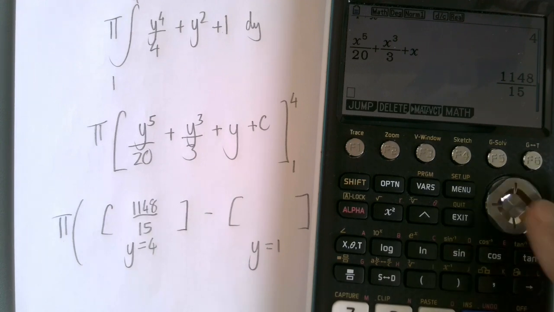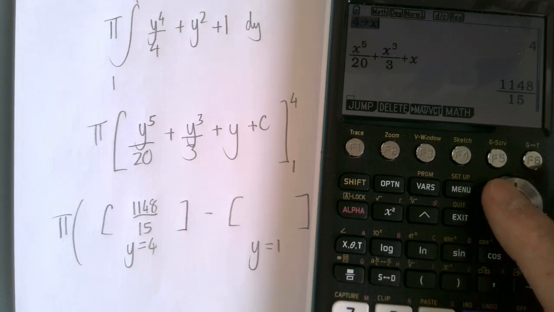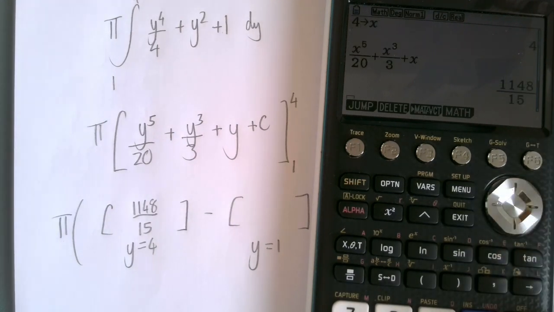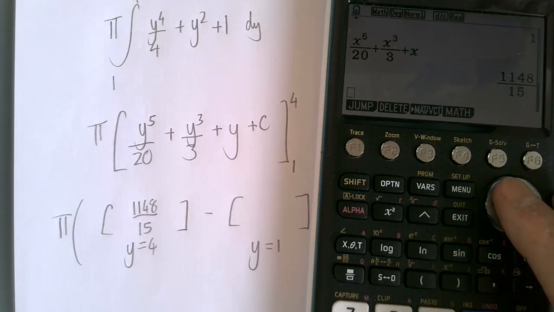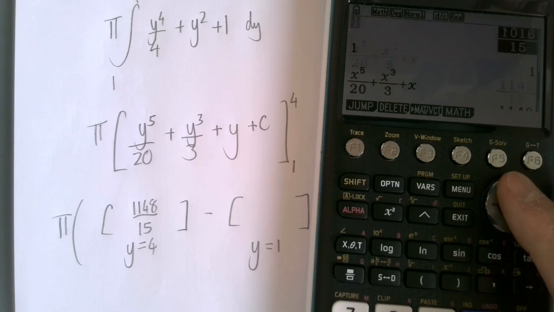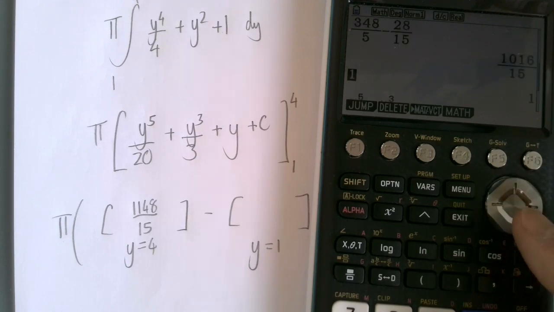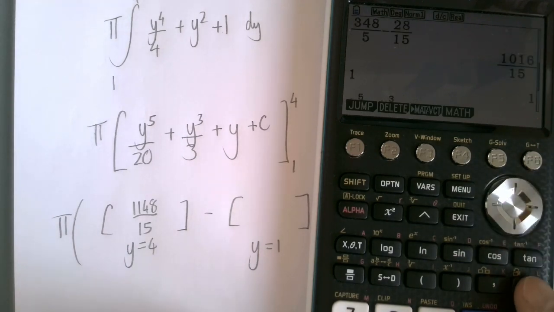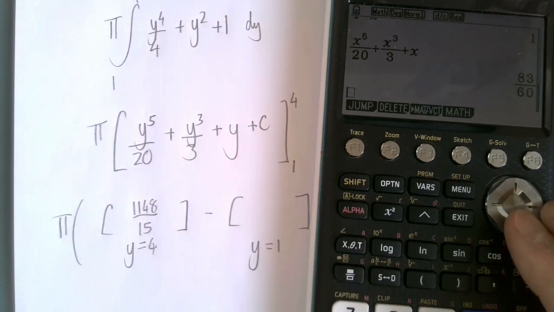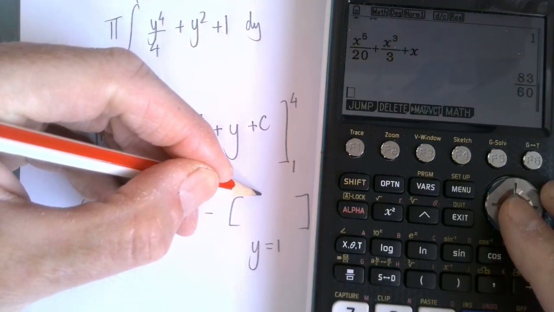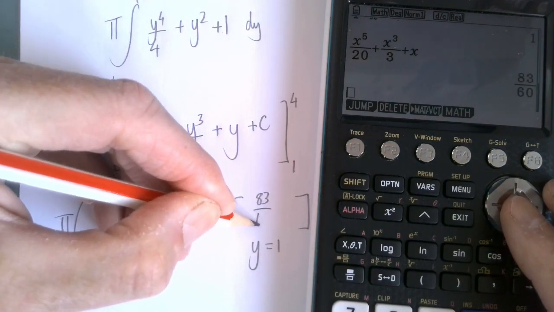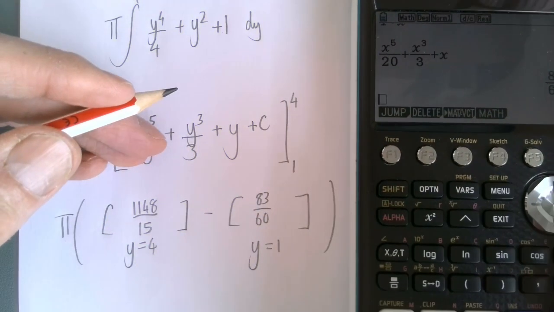1148/15, and then, no, hang on, I messed that up. 1 arrow x, is that going to work? Yeah. 83/60.